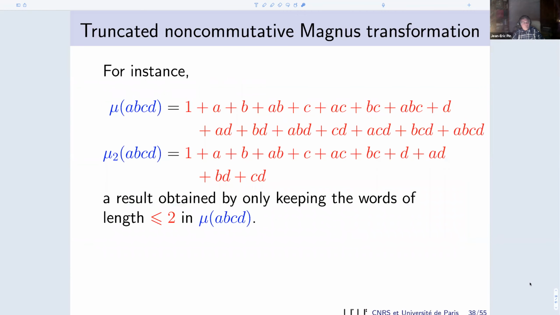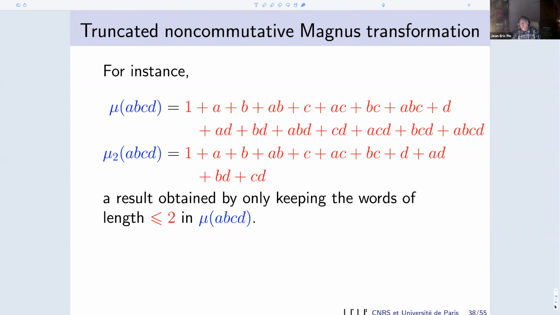Now, you remember I also needed this truncated series, so that's not very hard. What you just do is truncate the mu function. If you start with mu of ABCD, which I reproduce here, you just keep the words of length less than or equal to 2, and here they are, and you get mu_2 of ABCD. I don't give you a formal definition, but you see what it is.